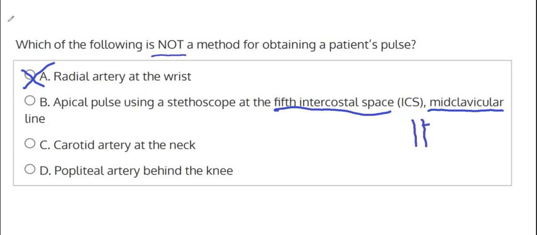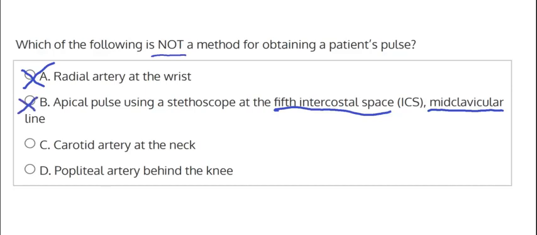So it's in the middle area, and then you have each of your ribs. So it's talking about the fifth space of the intercostal spaces, the midclavicular line, and this is where you would put your stethoscope to listen for an apical pulse, and that is a method that you could use to obtain a patient's pulse. Again, the question is asking which is not a method to use, so we can eliminate that.